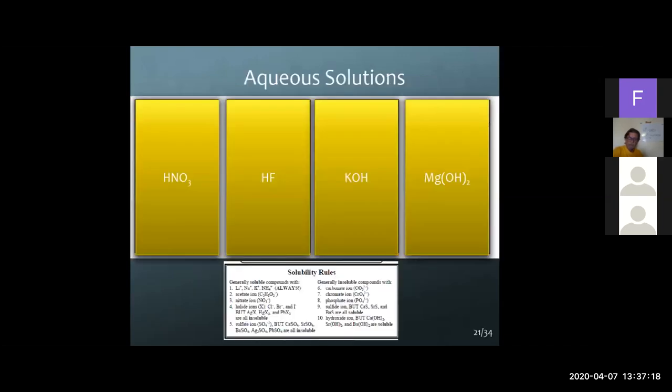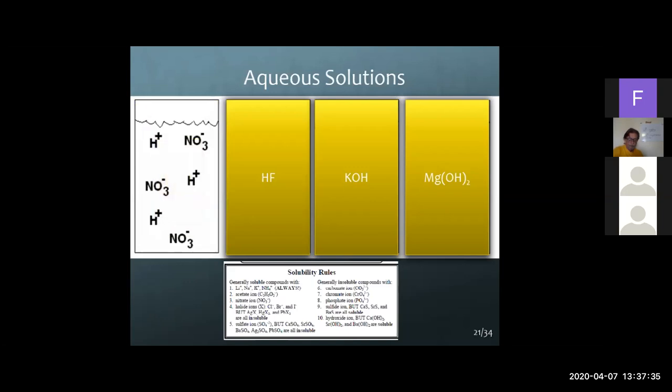Okay? Now, down at the bottom of the next slide, we're going to get into detail later on about solubility because that really defines a lot. But we know that nitric acid is a strong acid. So if we're to draw that, I need to draw it in this manner. It doesn't matter how many units you put up there, but if I put 3 units of nitric acid, then I have to show 3 protons and then 3 nitrates, okay?